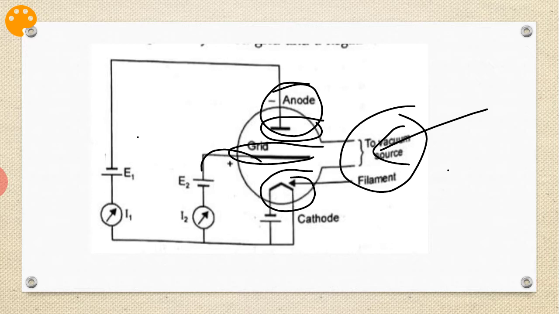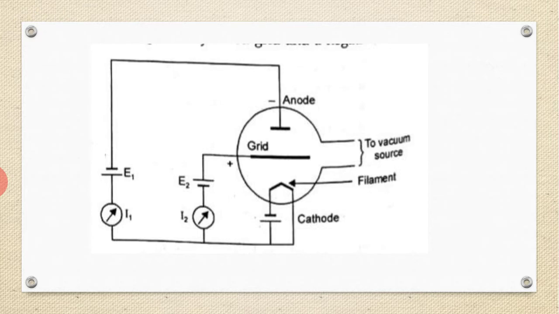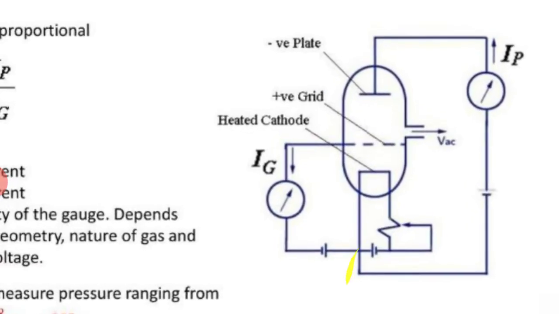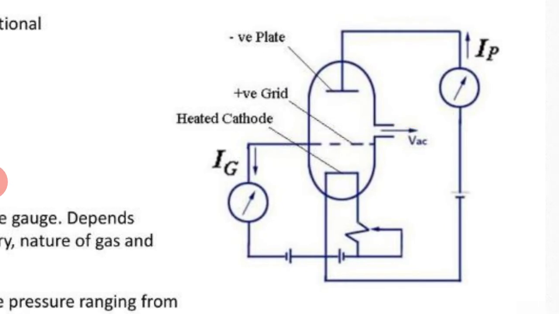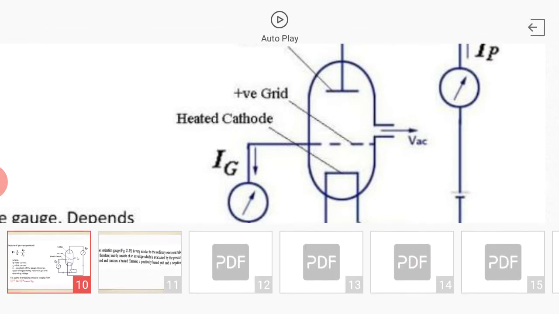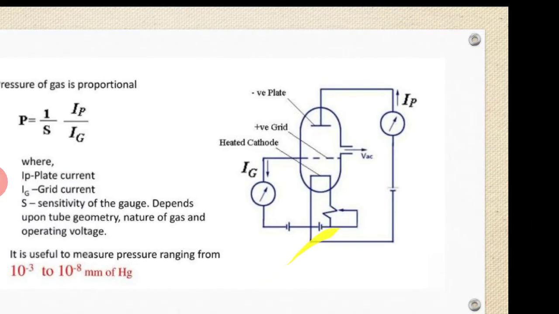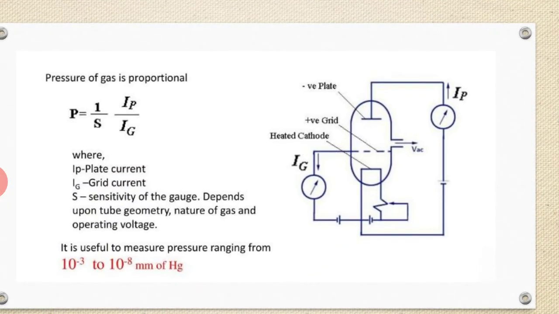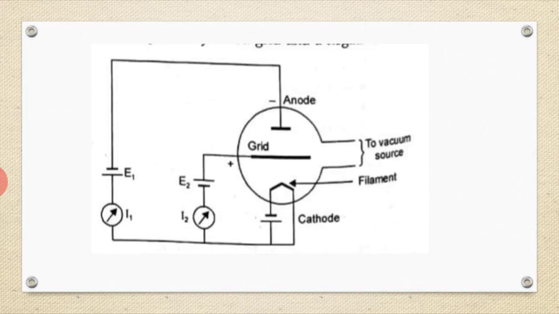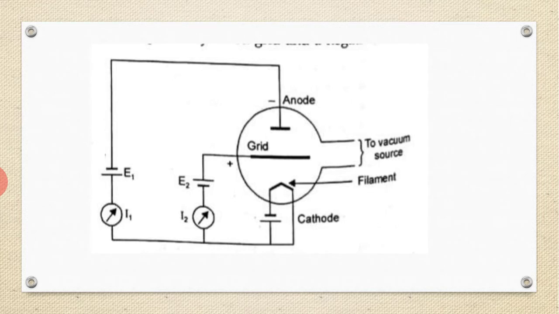Now let's look at the working. One more figure gives a clearer picture. This is the negative plate, the positive grid, and the heated cathode. Both figures are the same, but here the names are taken as IP and IG, where the currents are taken as I1 and I2.